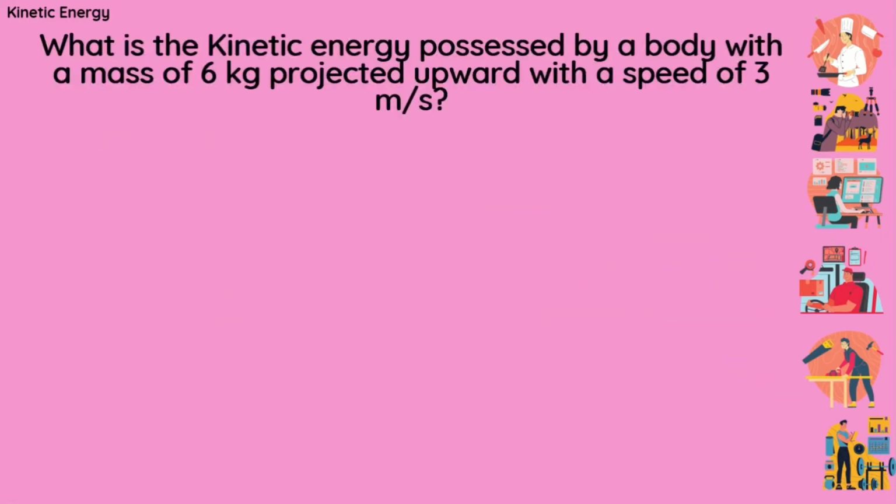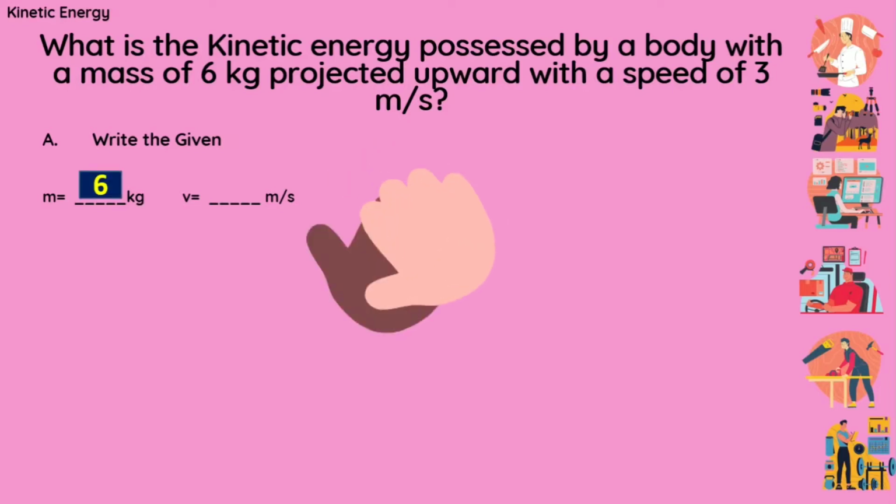Next problem. What is the kinetic energy possessed by a body with a mass of 6 kg projected upward with a speed of 3 meter per second? So, the given, can you guess? What is the given mass? Very good. If your answer is 6 kg. Next, for the velocity is 3.